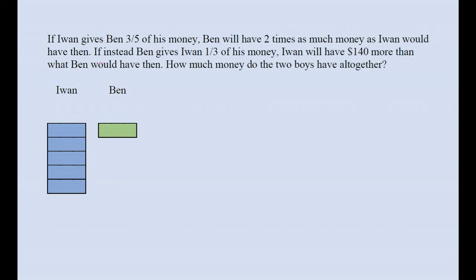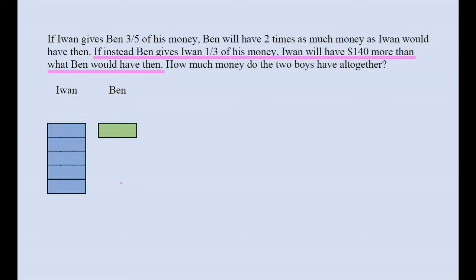Now what happens? In the second scenario, let me underline it, Ben gives Ivan 1/3 of his money. And then Ivan ends up having $140 more than what Ben would have been.